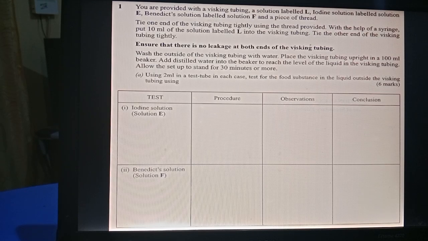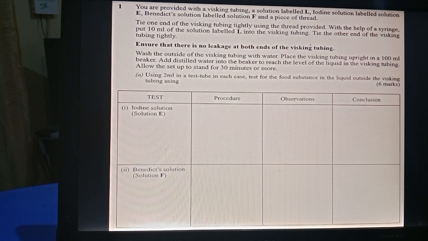Tie one end of the Visking tubing tightly using the thread provided. With the help of a syringe, put 10 ml of the solution labeled L into the Visking tubing. Tie the end of the Visking tubing tightly. Ensure that there is no leakage at both ends of the Visking tubing.